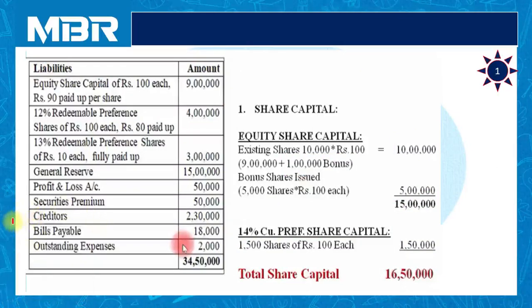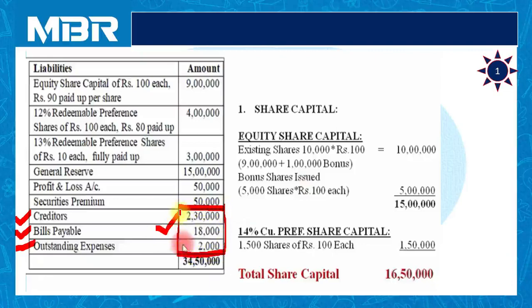On the liability side of the balance sheet given in the question, we have 3 items: creditors, bills payable, and outstanding expenses. All these 3 items represent current liabilities of the company. So we have to calculate current liabilities of the company using the total of these 3 items.